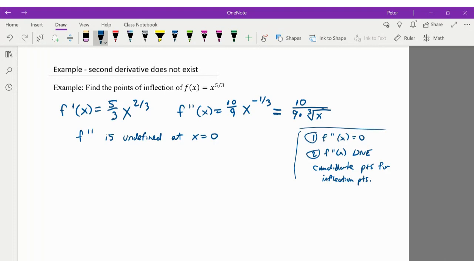So, all right. So we know that x equals 0 is a potential inflection point. We just have to see if it is. We test it in the same way. We can test x equals 0 like any other candidate inflection point.